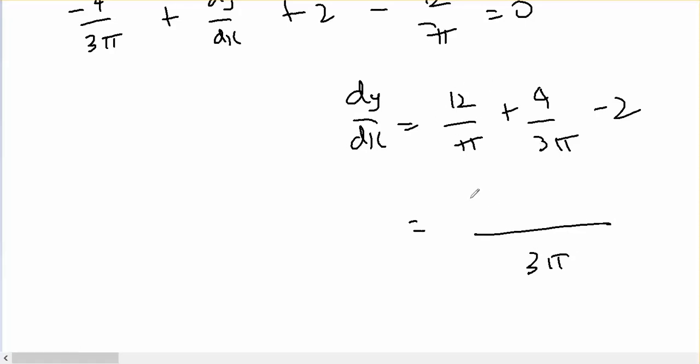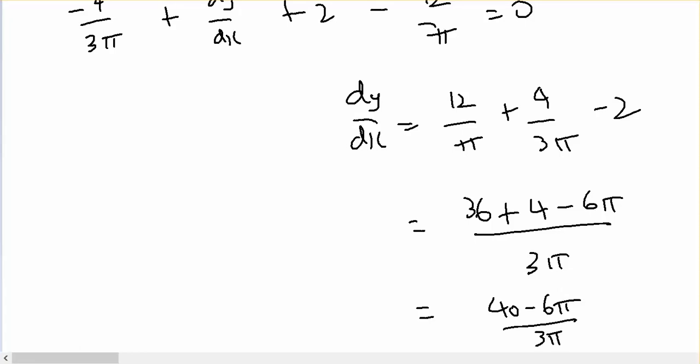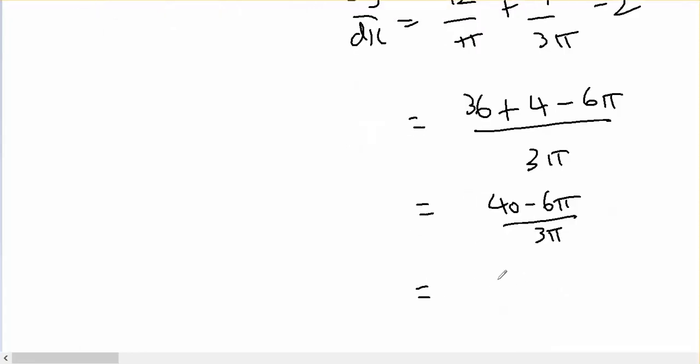So I'm going to multiply that by 3. So 36 plus, that's already over 3 pi, 4 minus 3 pi. So that gives me 6 pi. 40 minus 6 pi on 3 pi, which is 20 minus 3 pi on 3 pi.